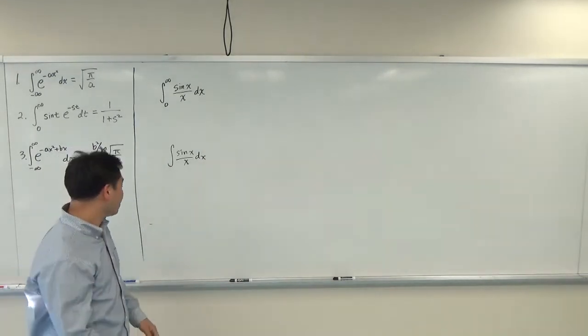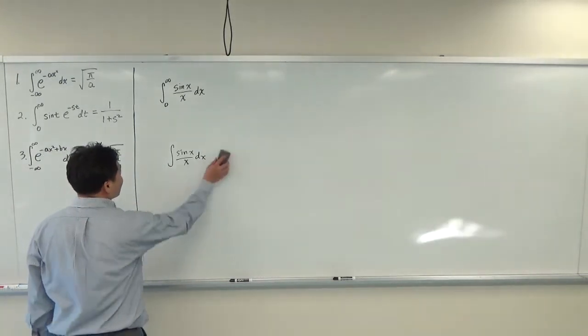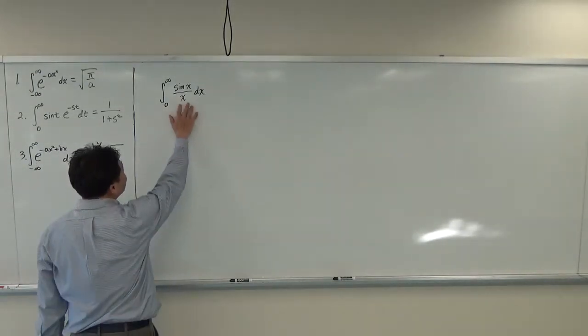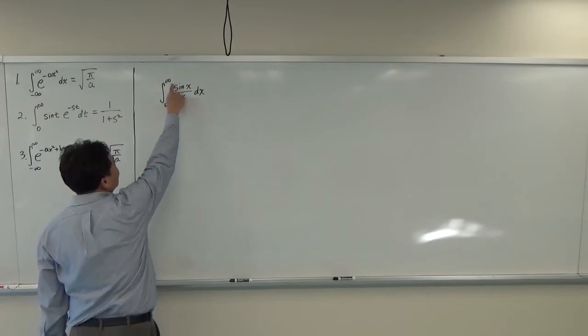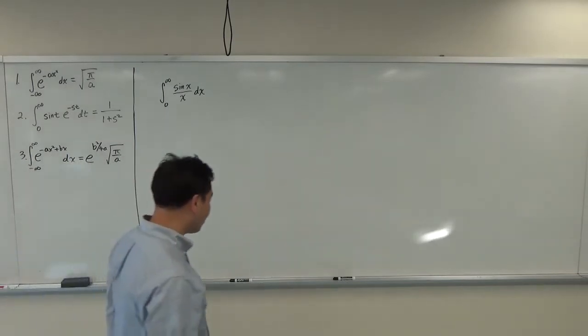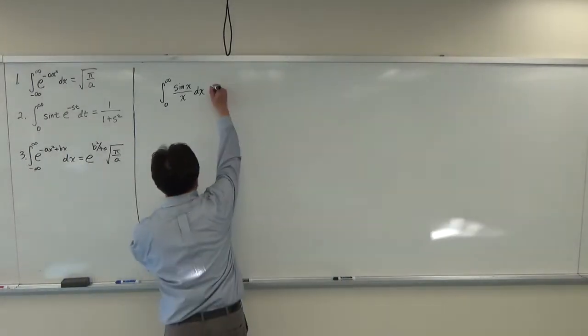Okay, so that's what it is, which immediately makes you question, how are you going to find this value if you don't know what the antiderivative of this is, right? And that's why we use the Feynman trick. Okay, so here's how we do this.